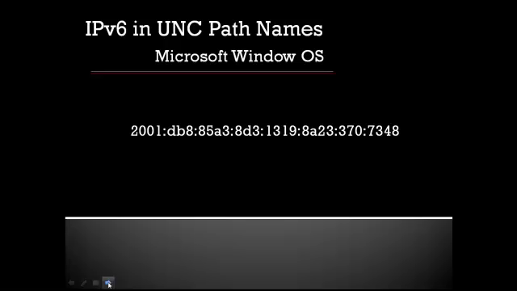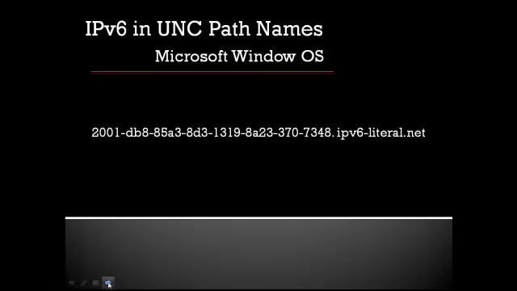For this reason, Microsoft implemented a transcription algorithm to represent an IPv6 address in the form of a domain name that can be used in UNC paths. For this purpose, Microsoft registered and reserved the second-level domain IPv6-literal.net on the Internet. IPv6 addresses are transcribed as a host name or subdomain name within this namespace as shown here.